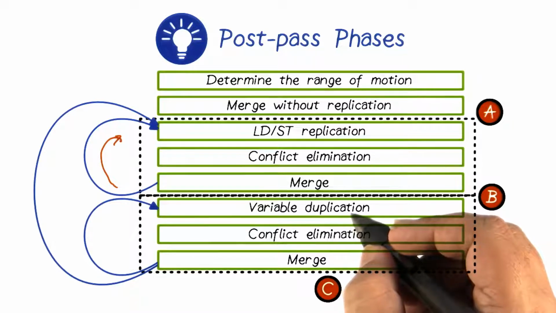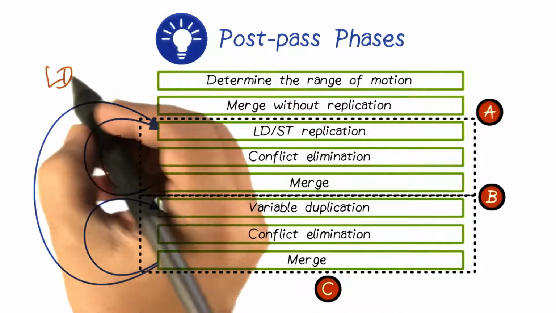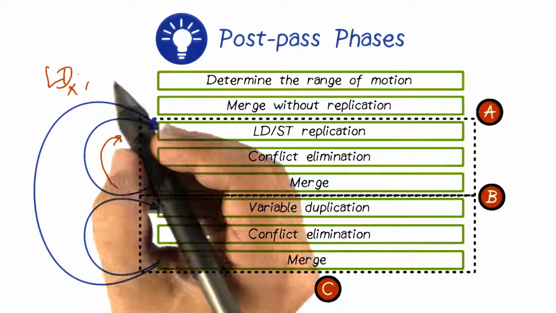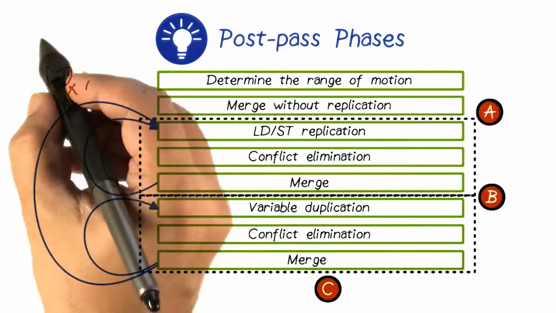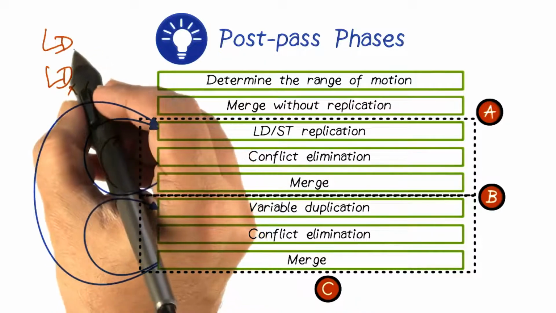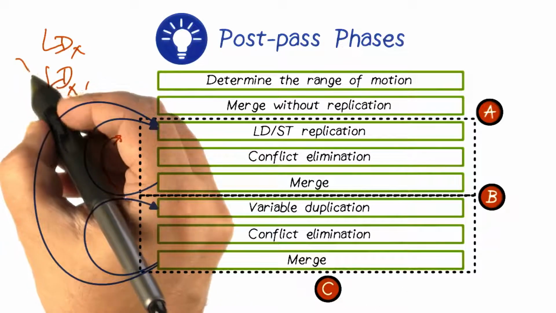So in this phase, we take a variable, and let's say we have a load of a particular instruction, but that variable is present in an X memory, and we have another load which is also present nearby, which can be merged with it. Unfortunately, that variable is also in the X memory. We cannot then merge these two together.